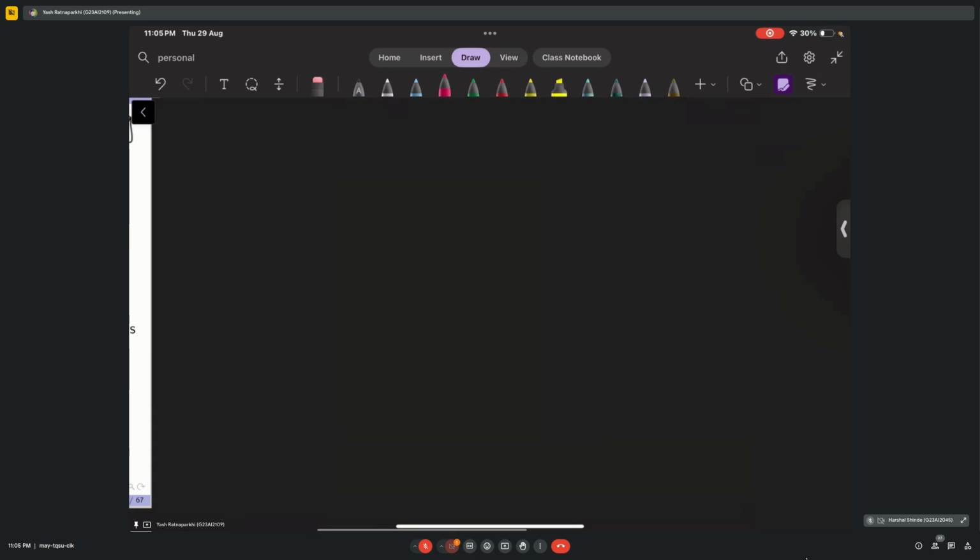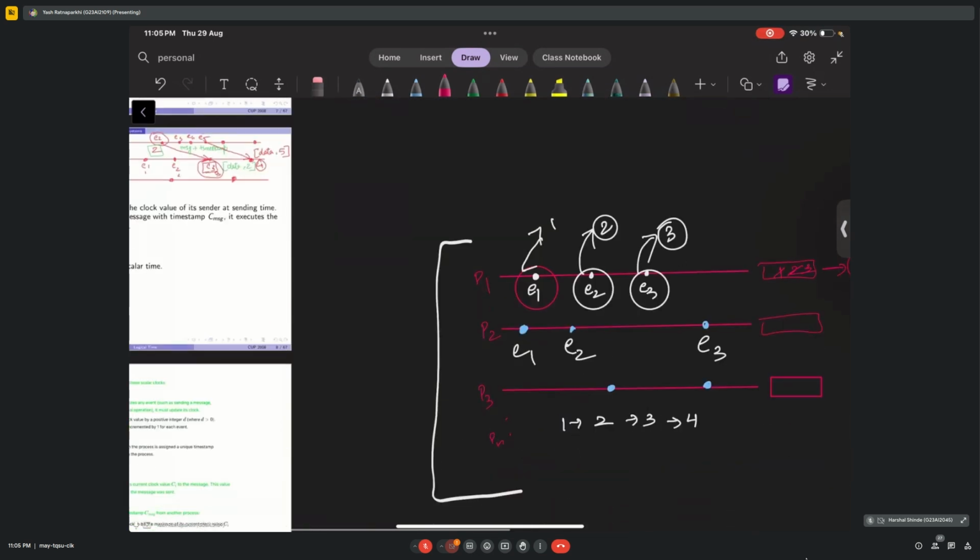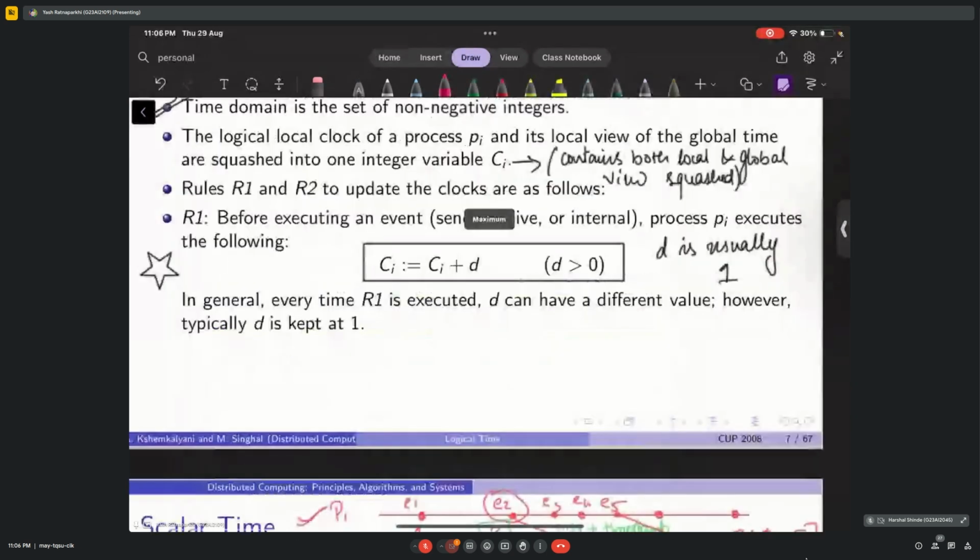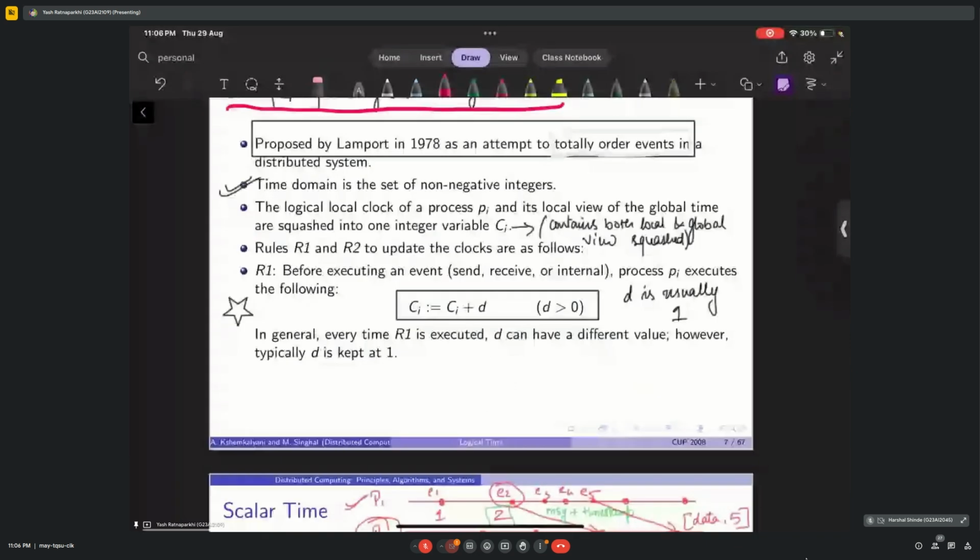Here it is: every time one event happens, my clock will increase by d. If this particular relation exists, again it will increment by plus d because this event happened. This jumping of events by a variable d is rule number 1, and d is usually kept as 1. So every time an event has occurred, it has occurred by a unit of time.